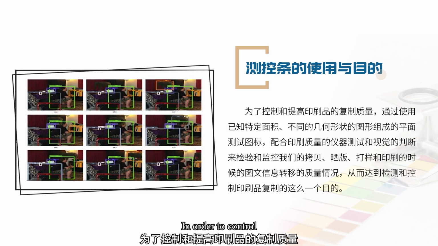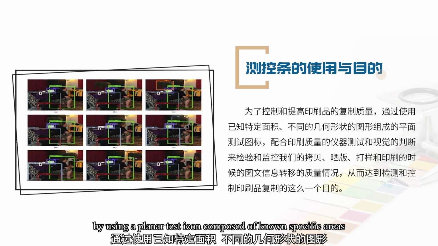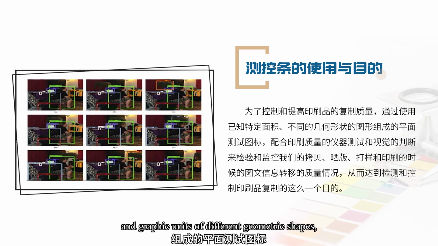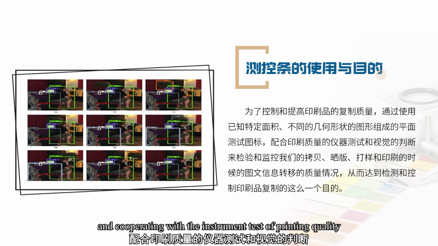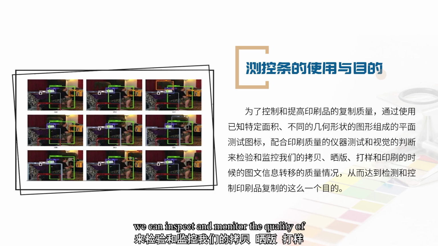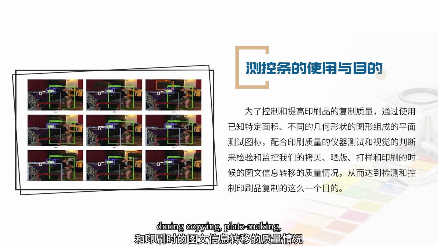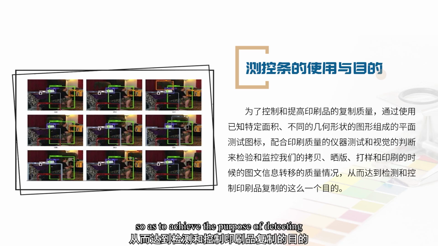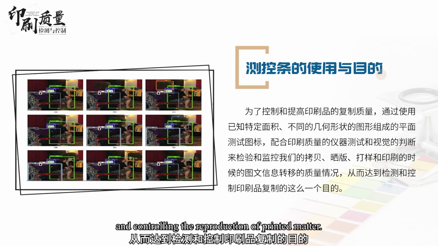In order to control and improve the reproduction quality of printed matter, by using a planar test icon composed of known specific areas, and graphic units of different geometric shapes, and cooperating with the instrument test of printing quality and visual judgment, we can inspect and monitor the quality of graphic information transfer during copying, plate making, proofing, and printing, so as to achieve the purpose of detecting and controlling the reproduction of printed matter.